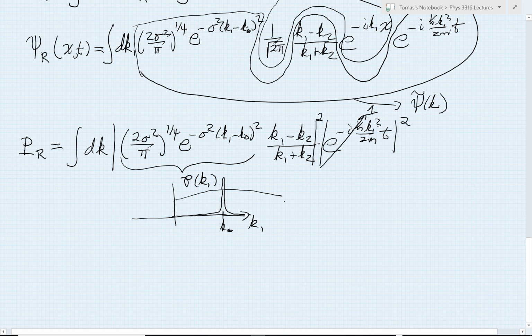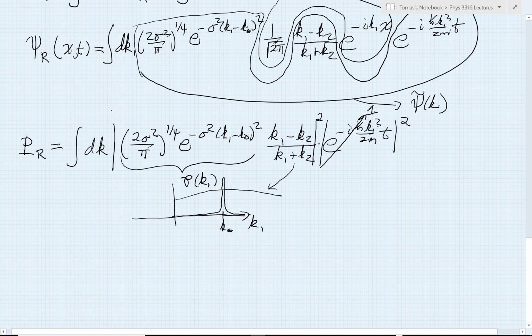Because this is a product, the value of this funny ratio when I'm away from my peak isn't at all important because it's being multiplied by 0. The only place where its values come into play is near k0. So I can simply replace it with its value at k0. Then it's essentially a constant for the purposes of my remaining integral, and I can simply factor it out of the integral.